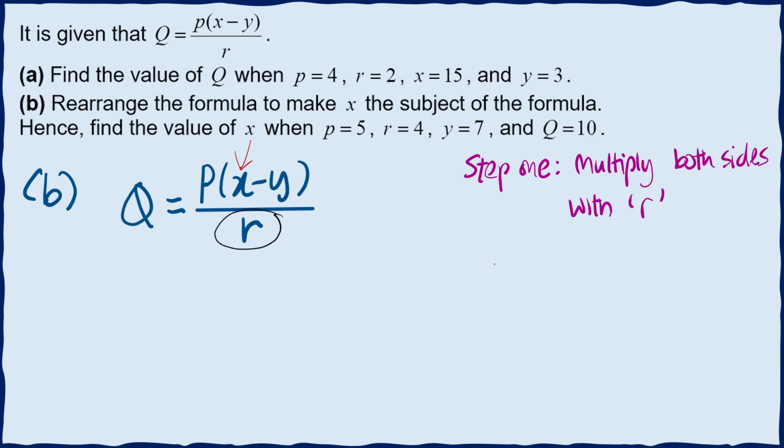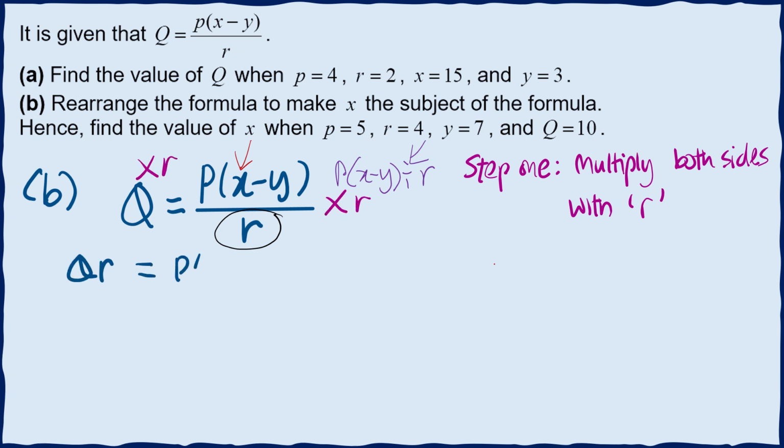And why do you multiply? Remember, we said whatever action we do is the opposite. So this is actually P bracket X minus Y divide R. The opposite of divide is times. That's the reason why we times R on both sides.